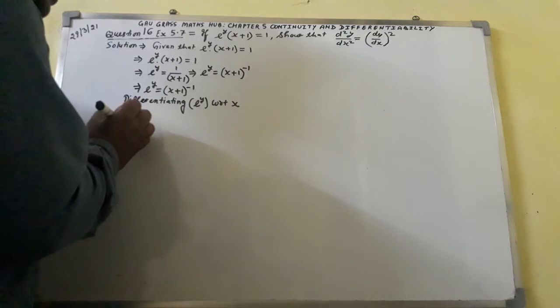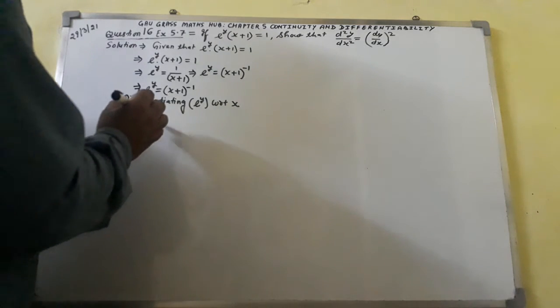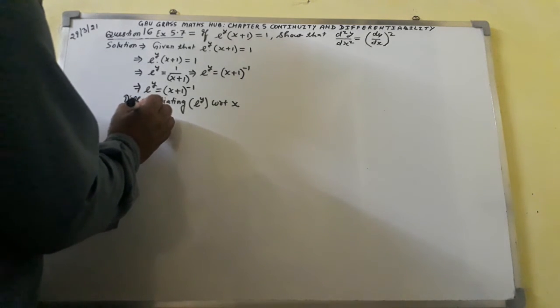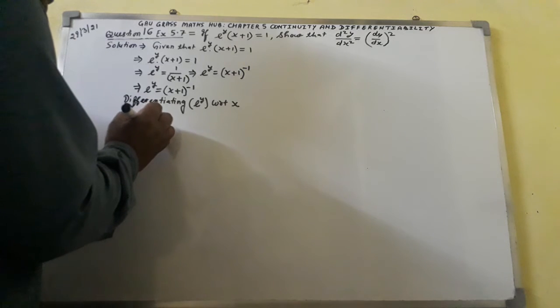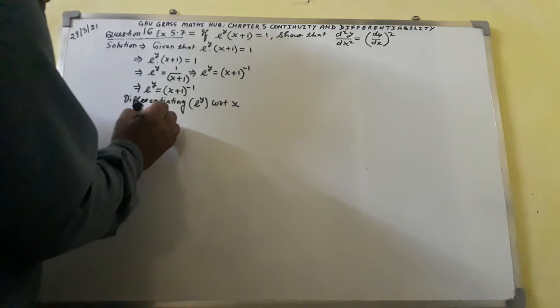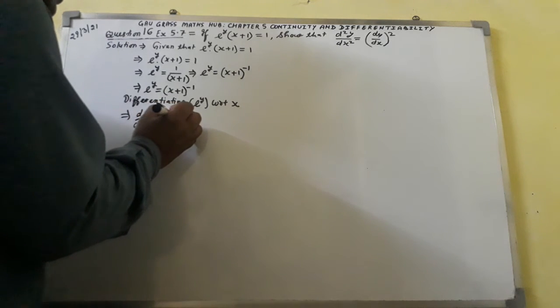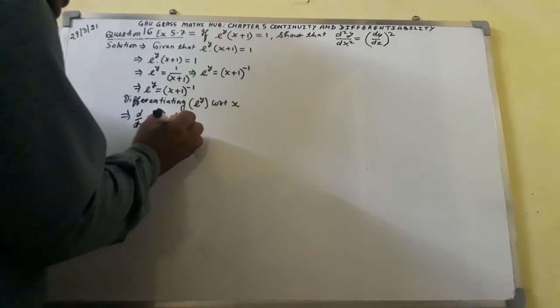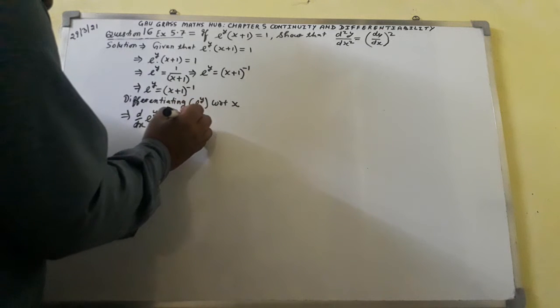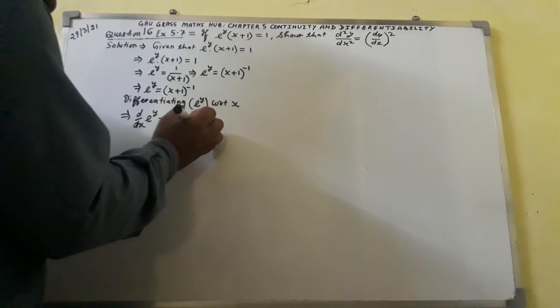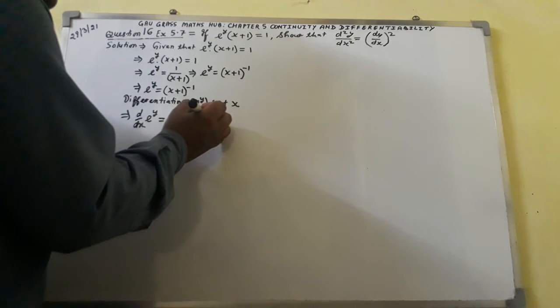So here I shall write d over dx of e raised to the power y equals d over dx of x plus 1 raised to the power minus 1.